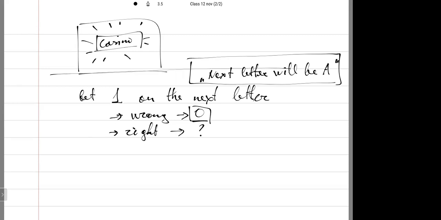Maybe S? Maybe 26? Yes, 26 or 26S. I have already simplified, 1 instead of S. Because the probability that you get the next letter right is small, it's 1 over 26.